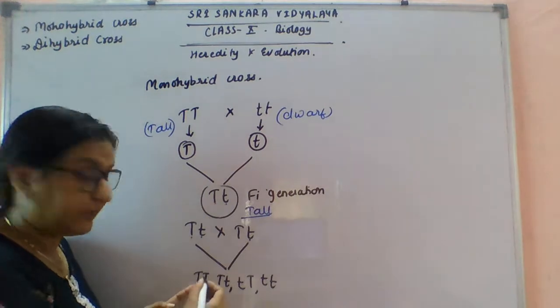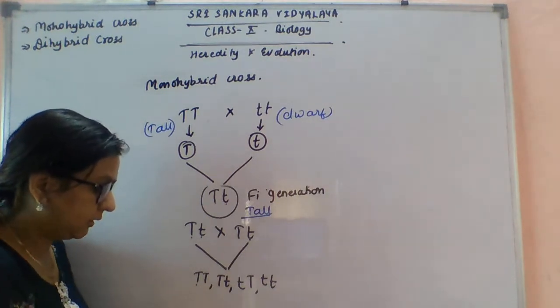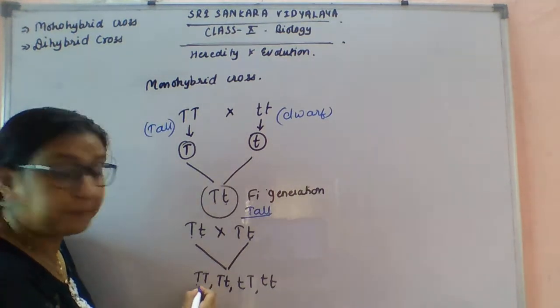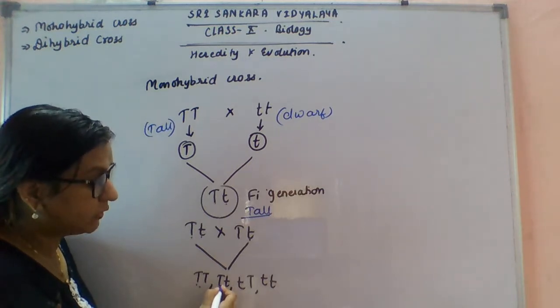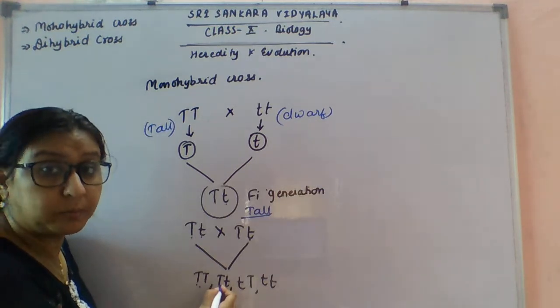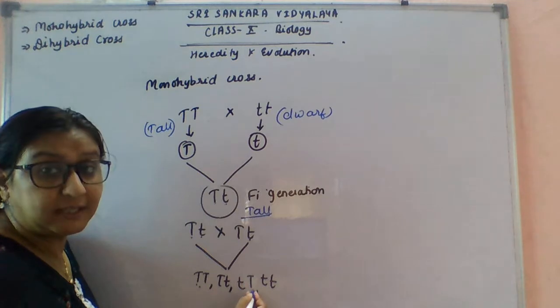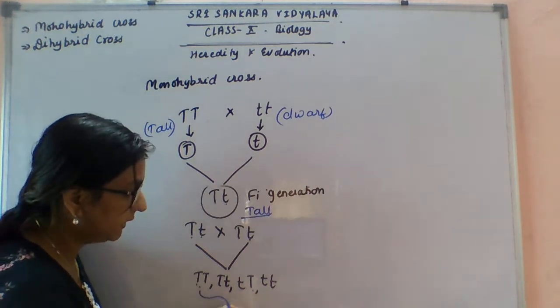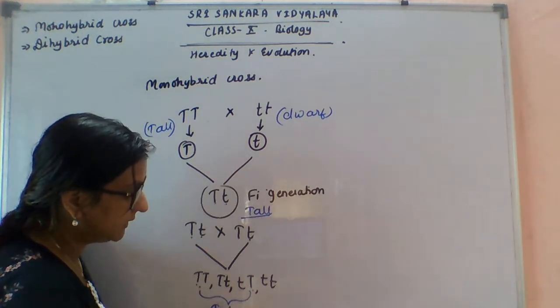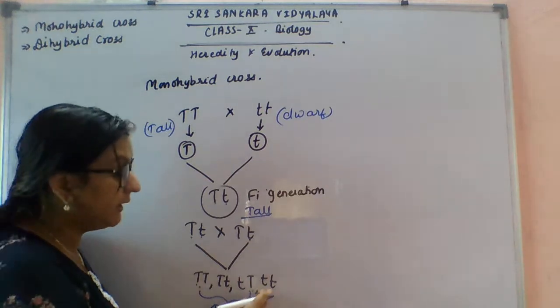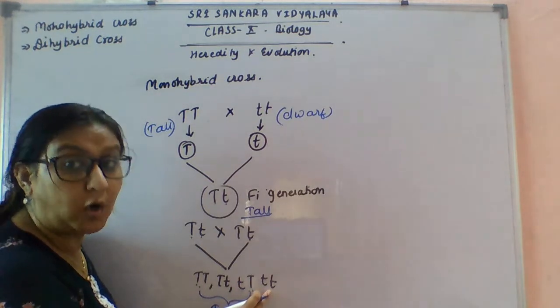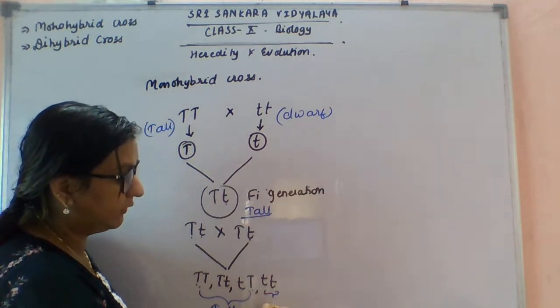Now see, here capital T is present, so this will be tall. Here also capital T is present, this will also be tall. Here also, so all these plants are tall. Here the dominant character is not present, so this plant will be dwarf.